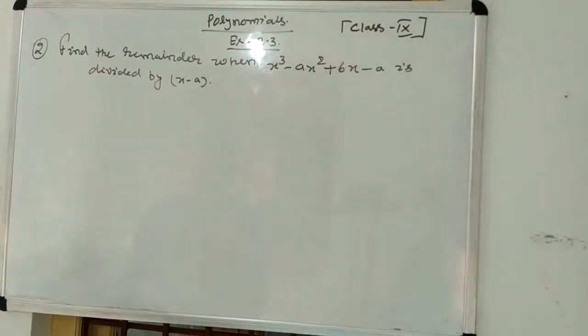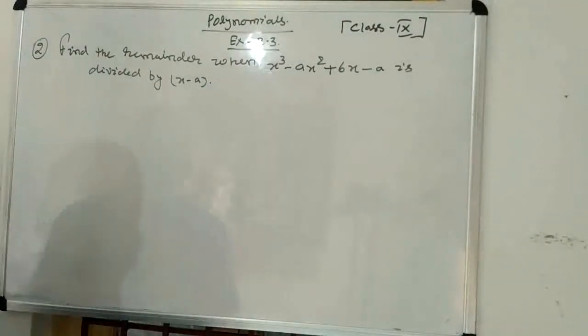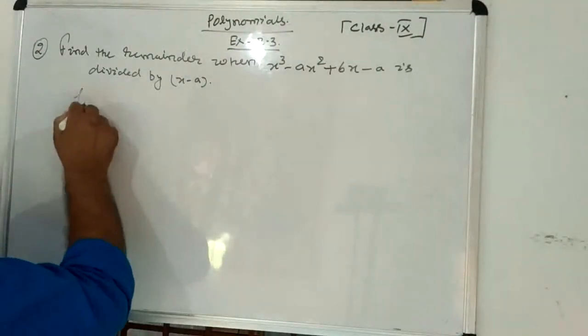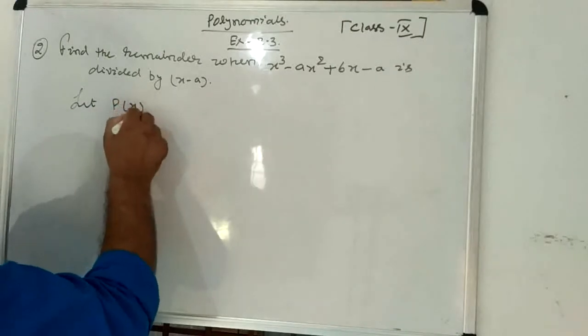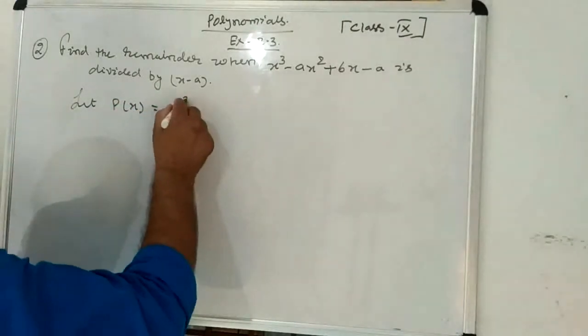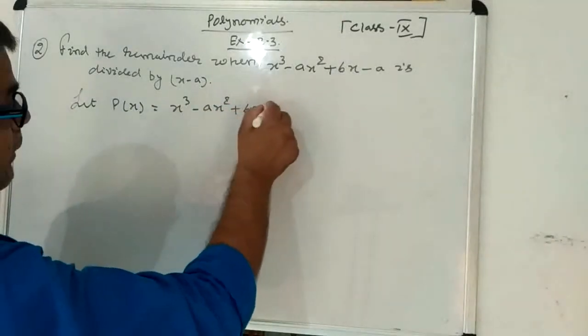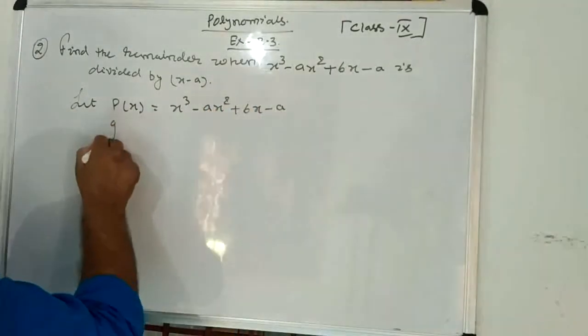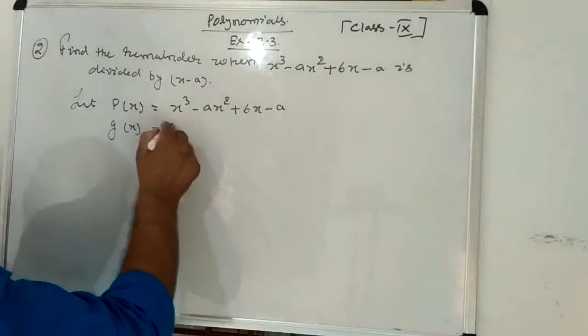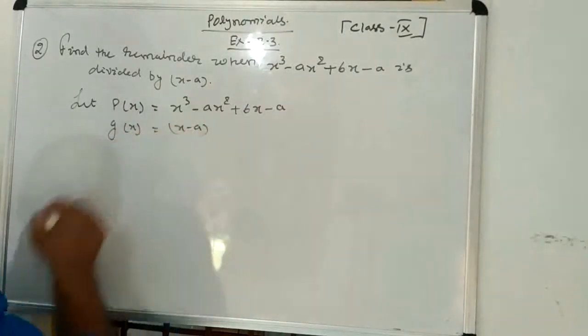x minus a. So first of all, you let p(x) equals x cube minus ax square plus 6x minus a and another polynomial g(x) equals x minus a.